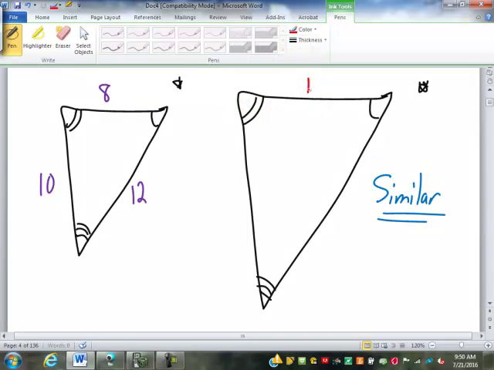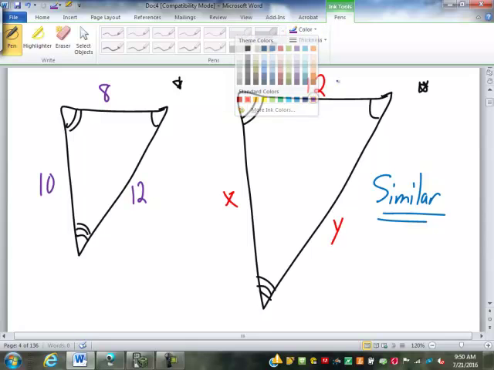If I tell you that this side here is 12, and I'm going to call this side X and Y, how do I find sides X and Y? Well, we first must find that constant of proportionality.